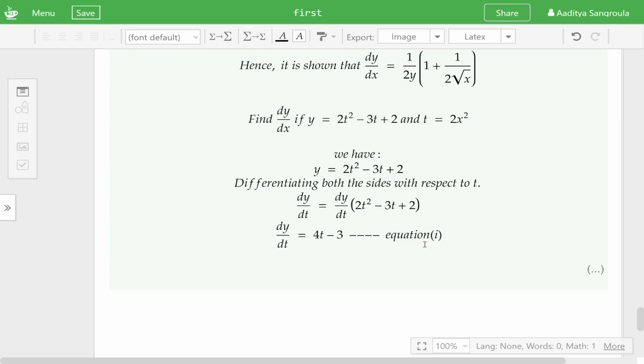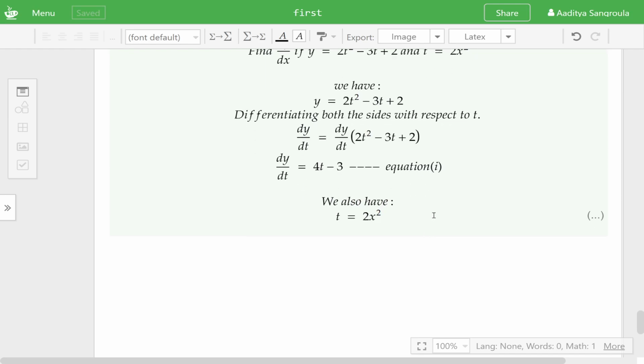So we also have this. So what do we do now? Well, what do you think we do? Okay, I want you to think once. I want you guys to think what we can do in order to get the value.